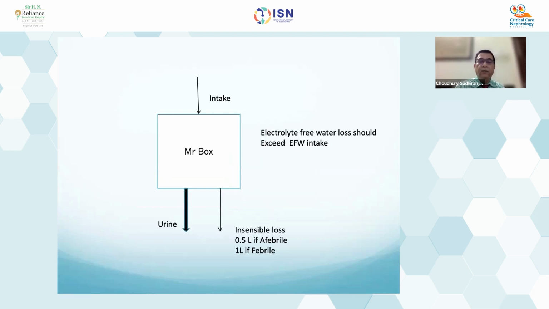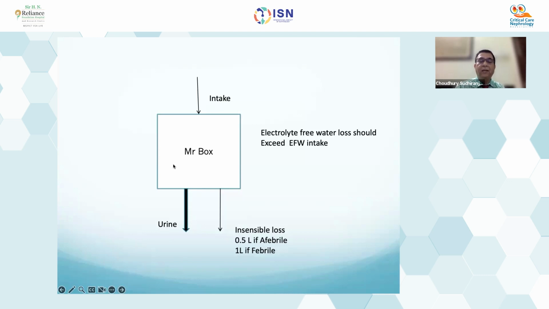Whenever we have urine flow, there will be a flow rate, insensible loss, and intake of fluid also, orally or IV. So it is not a closed compartment where only intake happens and no excretion.